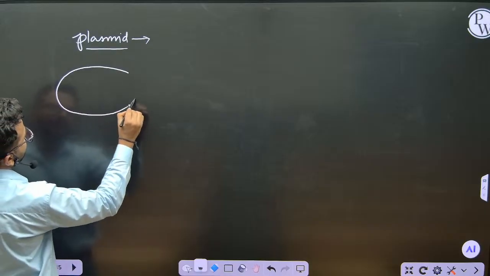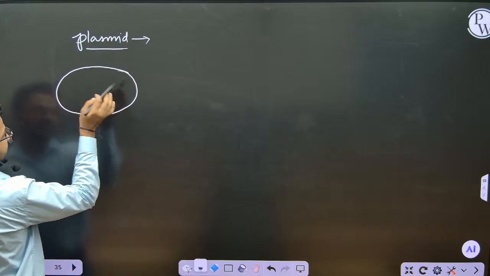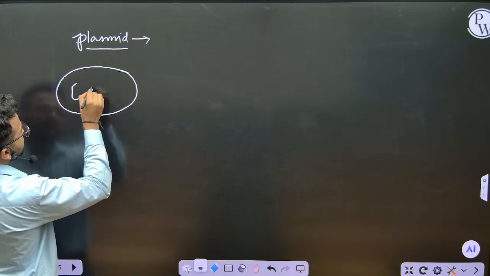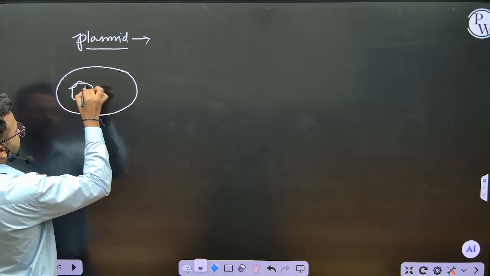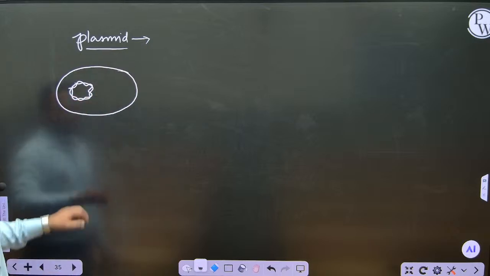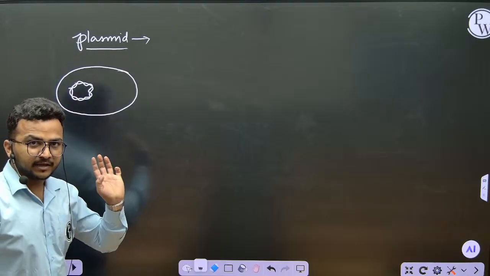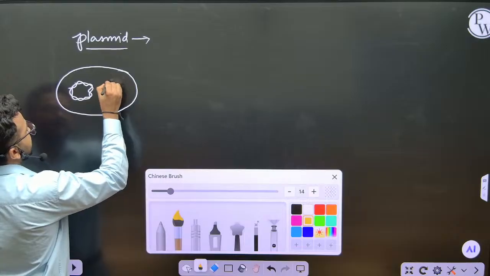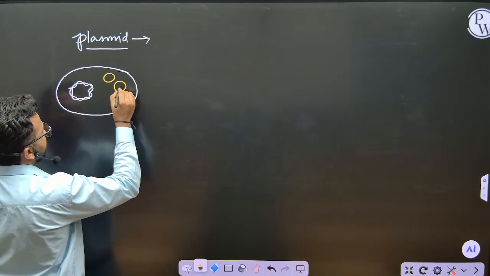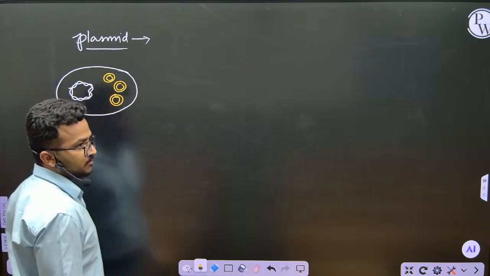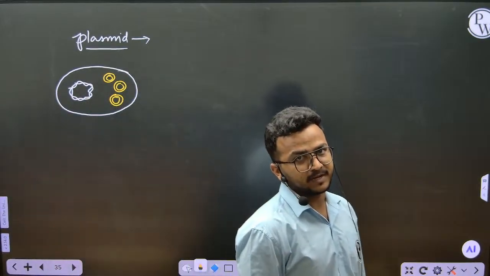Here is a bacterial cell, a prokaryotic cell, and it will have genetic material lying in the nucleoid region. This is the genetic material. Apart from this genetic material, you will see some special structures, which we call extra chromosomal circular DNA. Extra chromosomal circular double stranded DNA is nothing but plasmid.